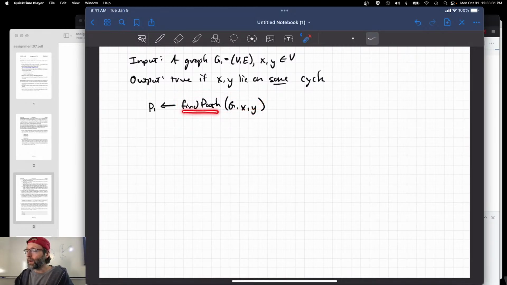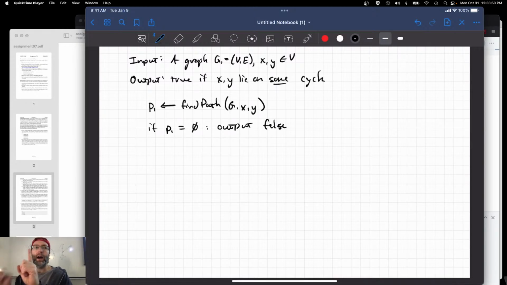In other words, this right here is just DFS, right? Find a path from x to y. Now, if there is no such path, say that our placeholder for this was phi or none or something like that, then I'll output false. Because if there's not even one path between x and y, how can there be a cycle?